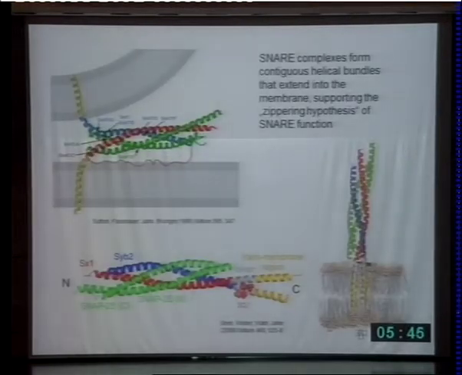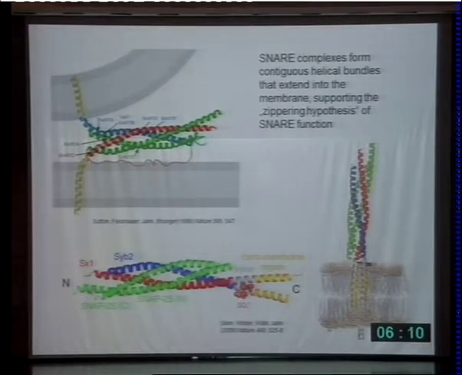Now, the crystal structure of the SNARE complex nicely confirms the zippering model because you see that there are elongated helical bundles. We have shown years ago that the reaction is indeed initiated at the N-terminal end. And I should say that when we first published this structure together with Axel Brunger, the structure ended here, so we drew this in the cartoon. We got a lot of beating because everyone said, well, you don't know whether these are helical structures.